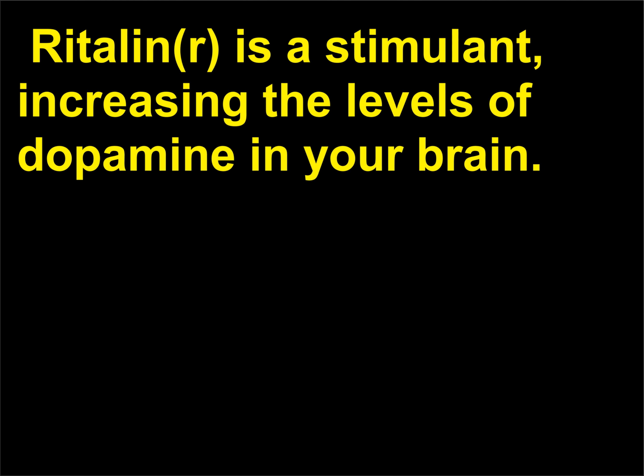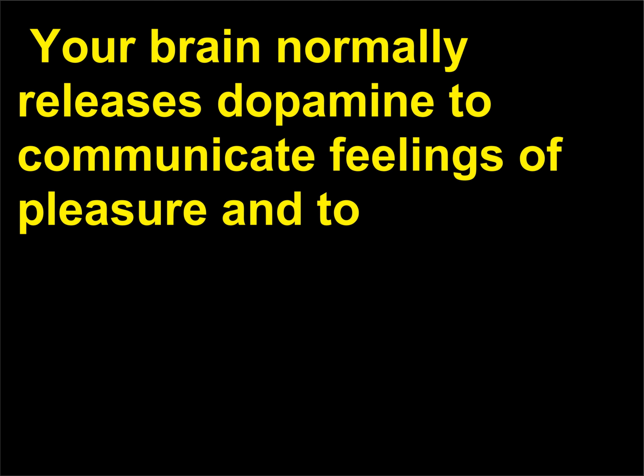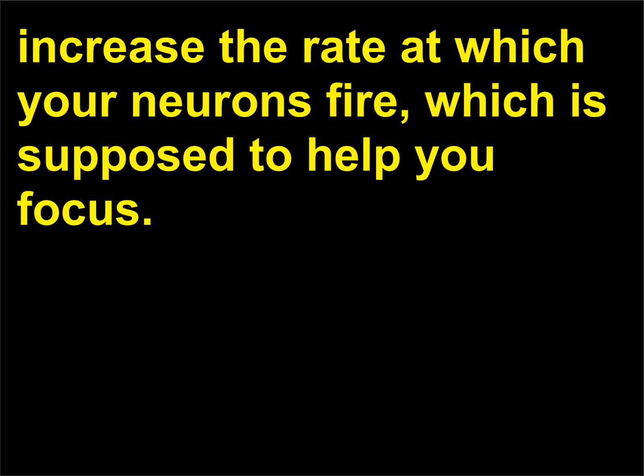Ritalin is a stimulant, increasing the levels of dopamine in your brain. Your brain normally releases dopamine to communicate feelings of pleasure and to increase the rate at which your neurons fire, which is supposed to help you focus.